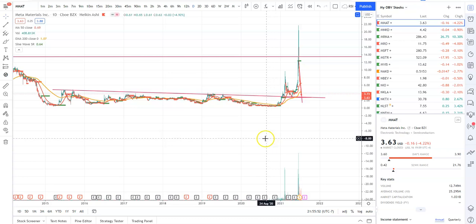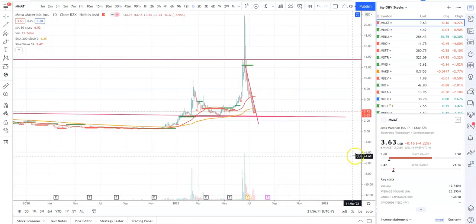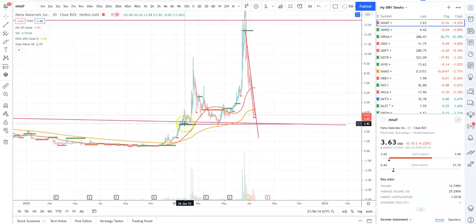Let's see what's going on here. Dive in a little bit deeper. Looks to me like we broke a rather important downward sloping line that was resistance in place ever since May 2015. Came all the way down here, broke out of that daily resistance right here in January of this year.